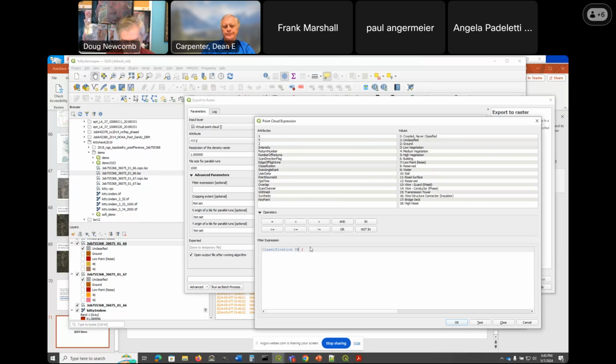I don't want intensity. I want the ground points. In this case, it's 13 and I believe 14. No, wait, we're working with the NOAA data. So 2 will do it. So 2 and 10, and that should do it.